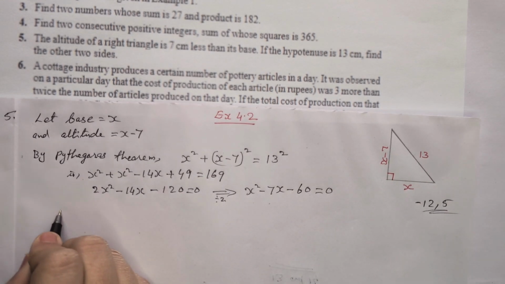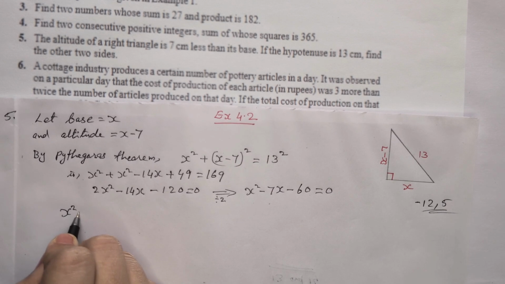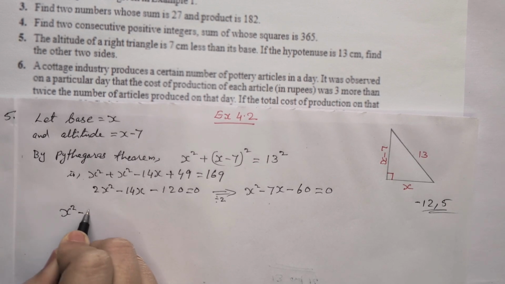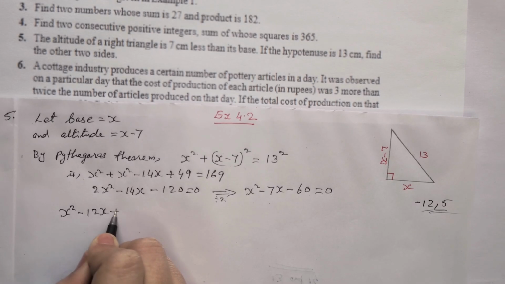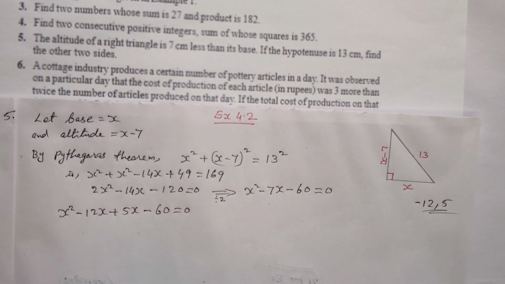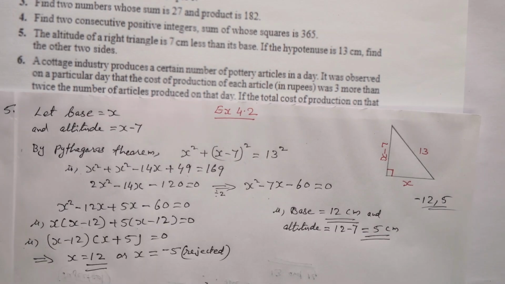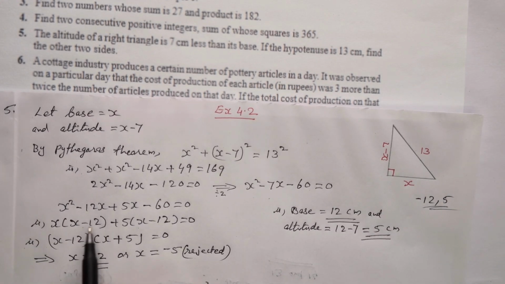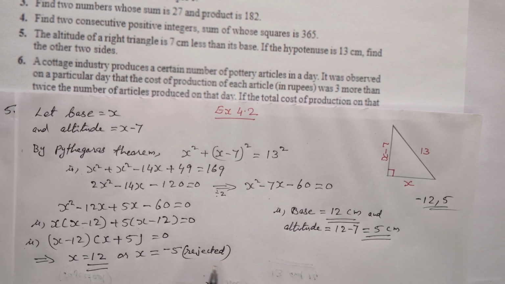So we can rewrite that as x square minus 12x plus 5x minus 60 is equal to 0. From that we can find the value of x. Here when we are simplifying that, x minus 12 into x plus 5 is equal to 0, which means x is equal to 12 or x is equal to minus 5.